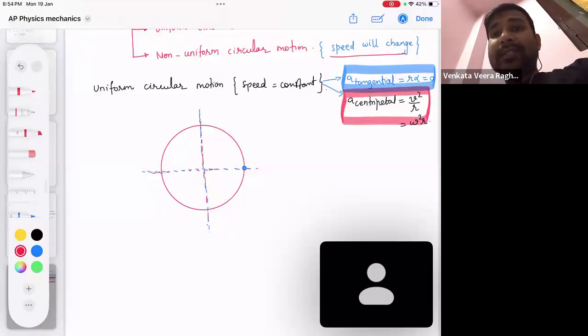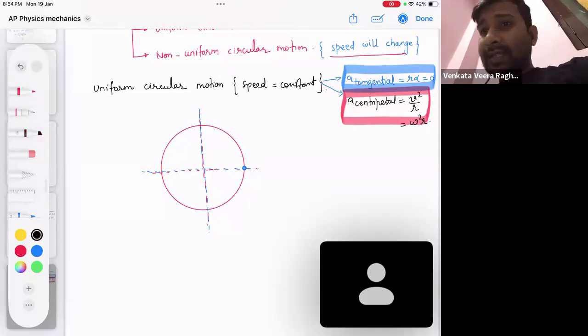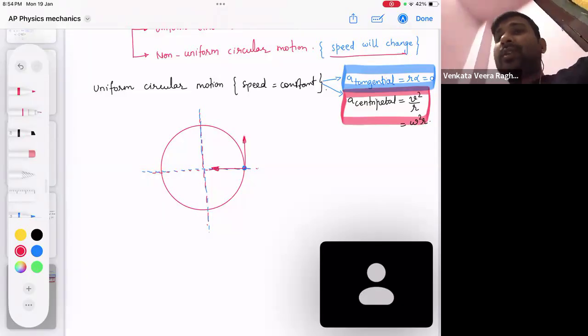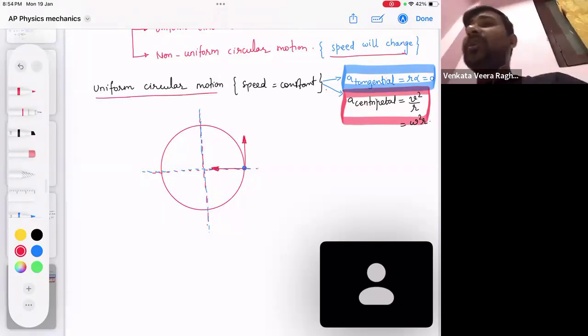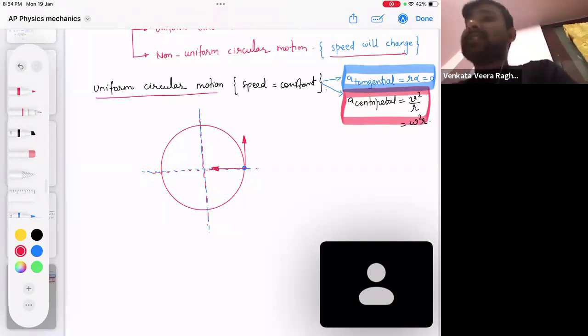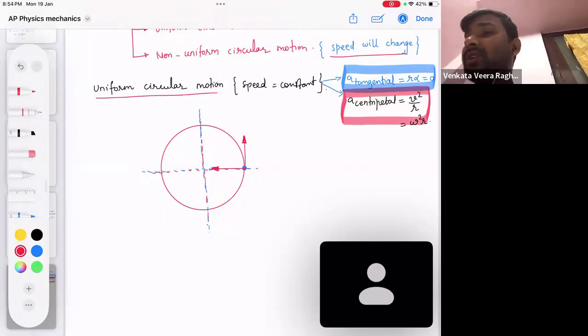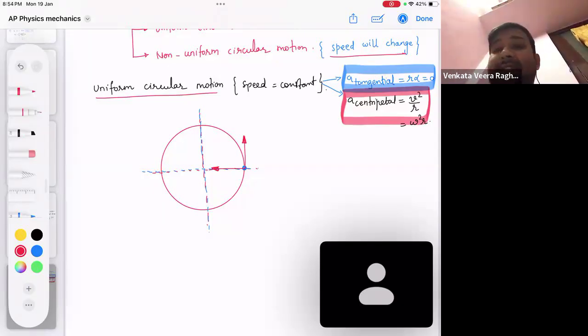What does it mean by tangential and centripetal? Tangential means along the tangent, centripetal means along the center, towards the center. Understood? So in a uniform circular motion, which component of acceleration is zero? Tangential is zero, or r alpha is zero, but the centripetal acceleration is still there.